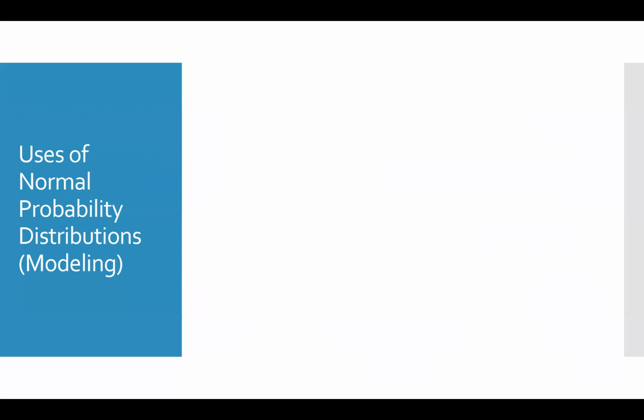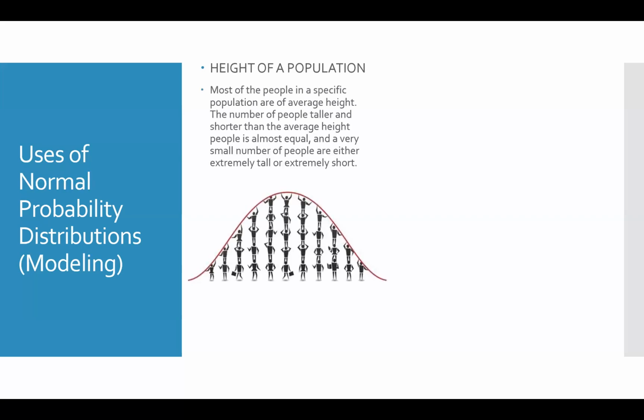For example, if we were trying to think about the height of a population, if we were looking at all of the males within the United States or all of the males across the world, most people in that specific population are going to be what we would consider average height.